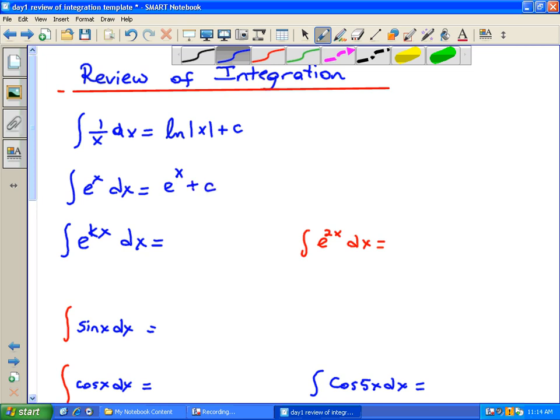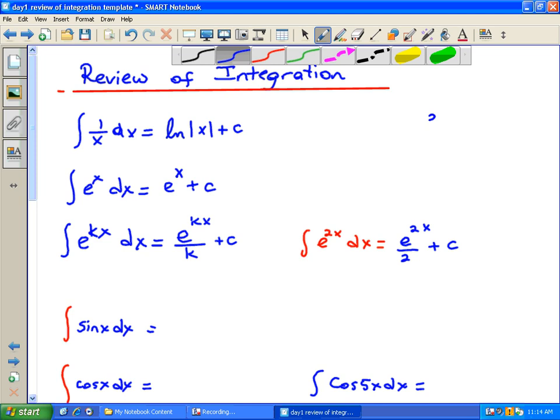But what if you have e to the kx, where k is a constant? If you're integrating that, the answer was e to the kx divided by the constant. So for example, if you have the integral of e to the 2x, that would be e to the 2x divided by 2 plus c.